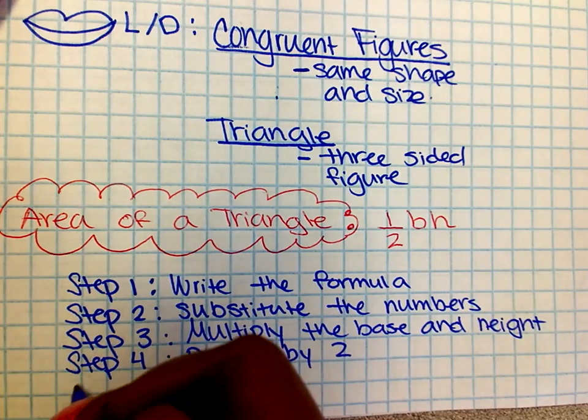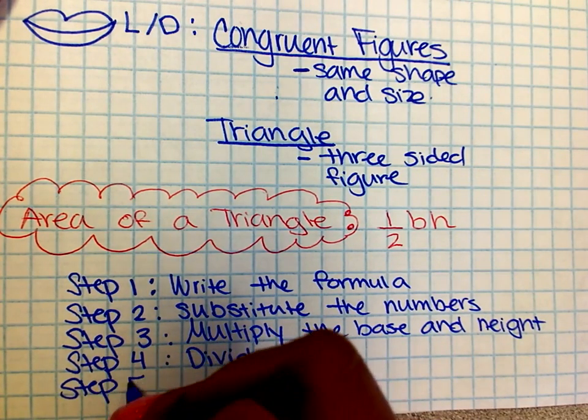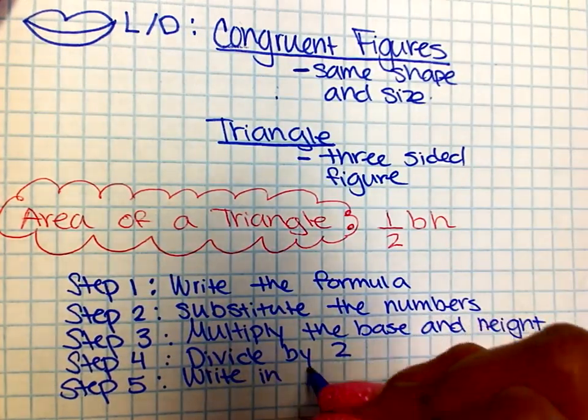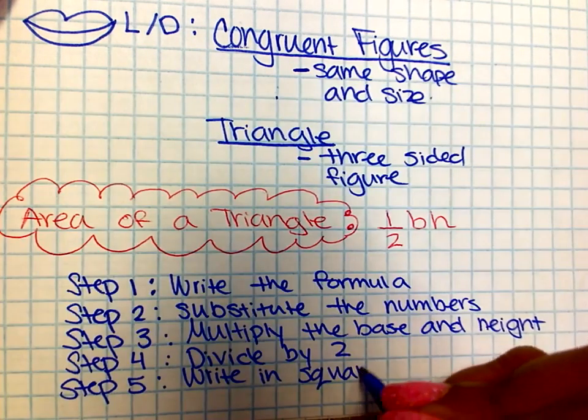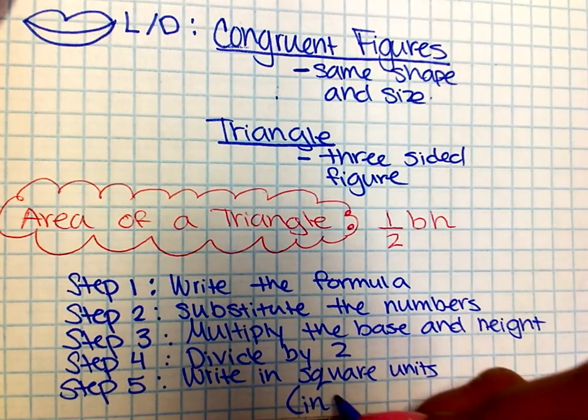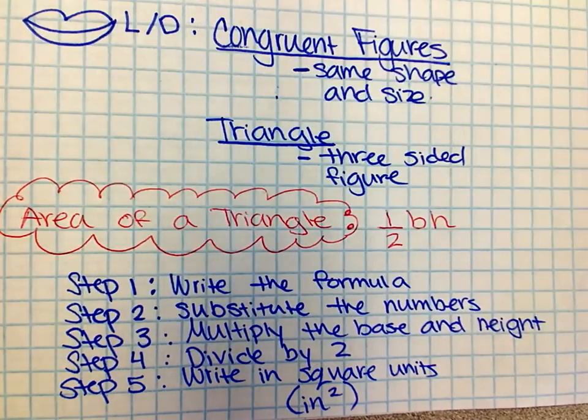And lastly, which is very important, because if you don't write it this way, you'll get it wrong, is to write in square units, which means something like inches squared. So you write the formula, substitute, multiply base and height, divide it by 2, and put it in square units.